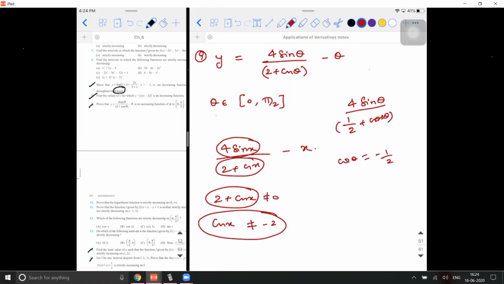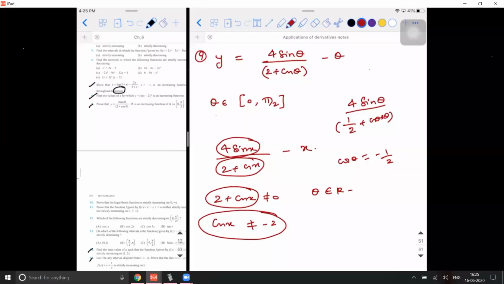That is the condition. Then if this should happen, what are all the values of theta that you can substitute? You can substitute any real number except what? Except pi by 3. Cos pi by 3 is half.